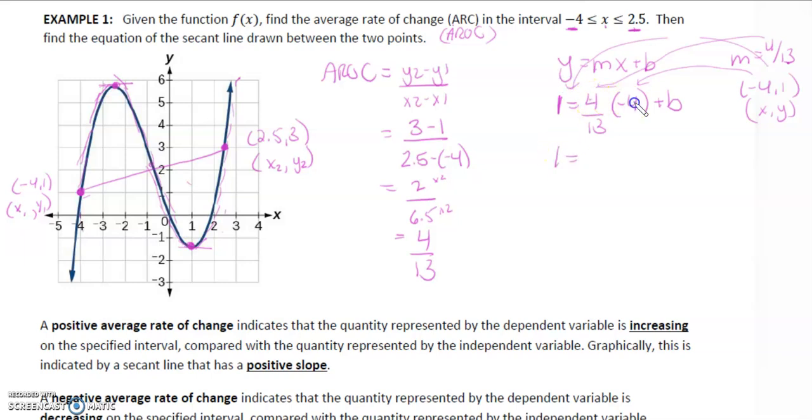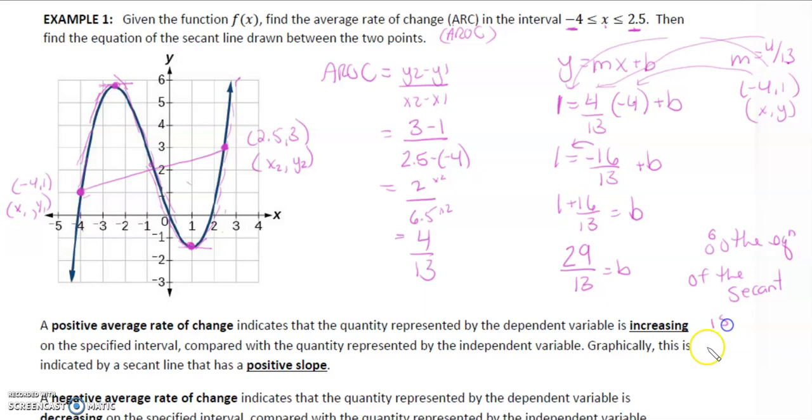So 1 equals 4 times -4, which is -16 over 13. Then we bring that over, so 1 plus 16 over 13. I think I said 3. I get 29 over 13 equals b. Therefore, the equation of the secant is y equals, you always want to sub in your slope, 4 over 13 x, and then sub in your b, which is plus 29 over 13.